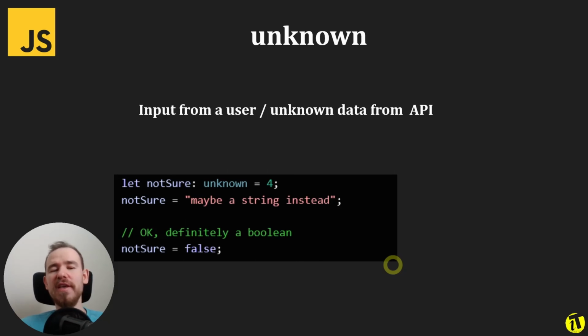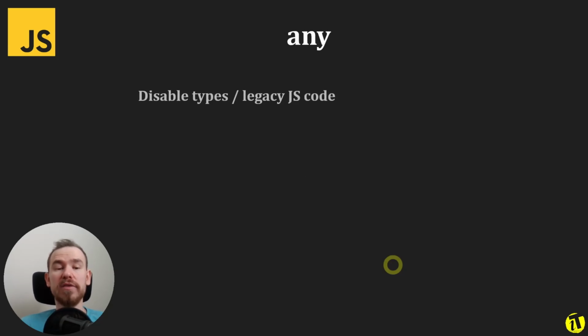So this is the unknown type, and it's really important to distinguish unknown from any. Any is a data type used to disable types completely. This is really bad practice. However, in certain circumstances, it's really neat to use.